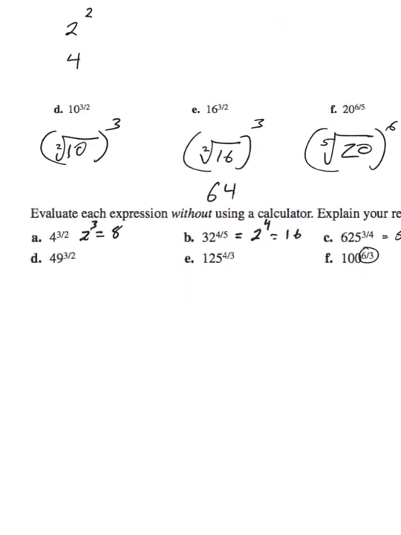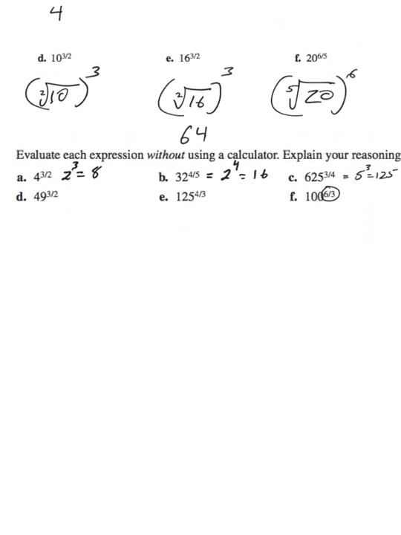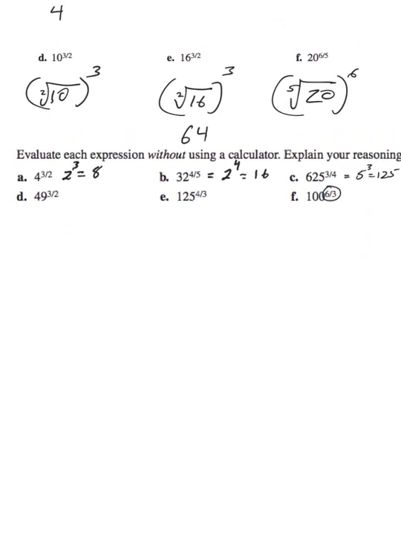F looks kind of tricky. I'm going to pause and see if you can figure some of these out. On F, you'll need to reduce the 6/3 into 2. So this is basically going to be 100 squared, which is a 1 followed by 4 zeros. Okay, I'll pause. See if you can do D and E.